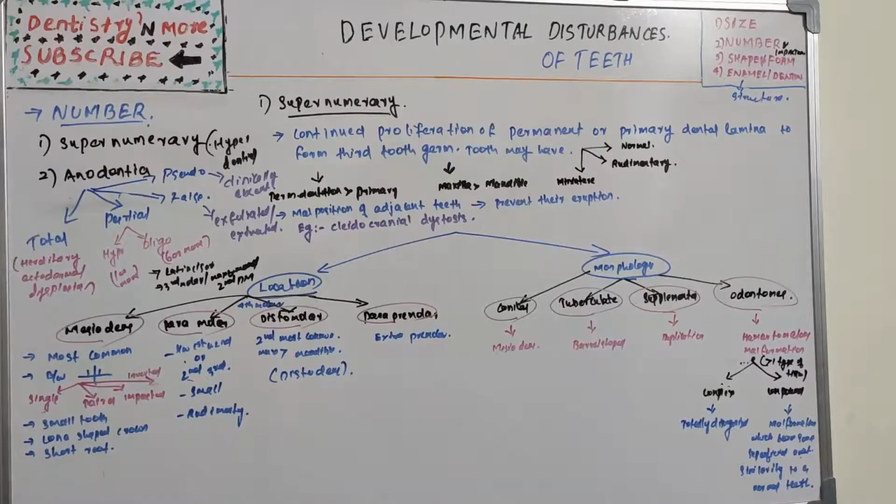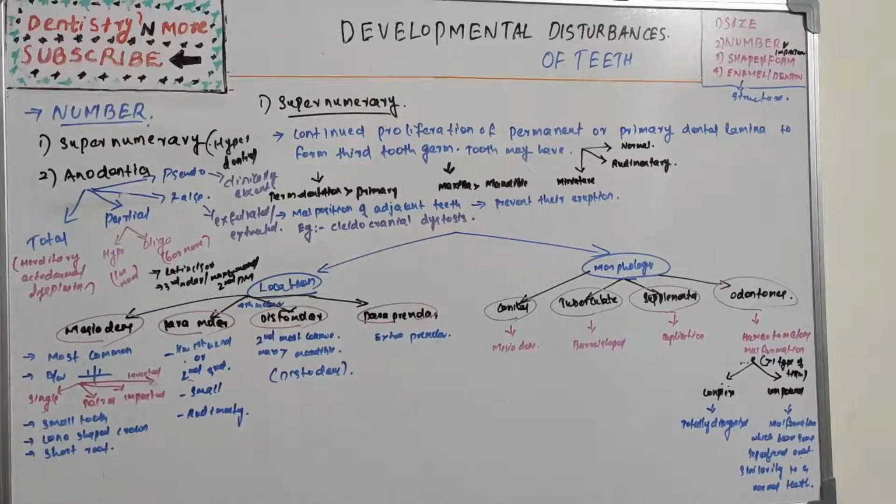So what is total anodontia? Total anodontia is a complete loss of teeth. The patient is edentulous, and it is a very rare condition, and it is seen in a syndrome known as hereditary ectodermal dysplasia. We know teeth are formed from ectoderm.